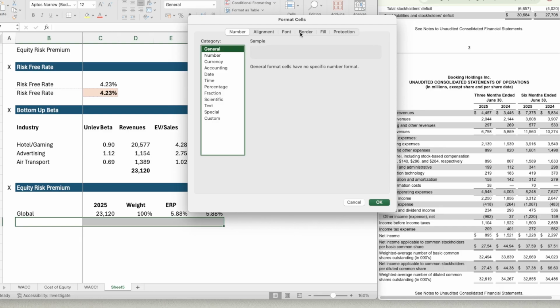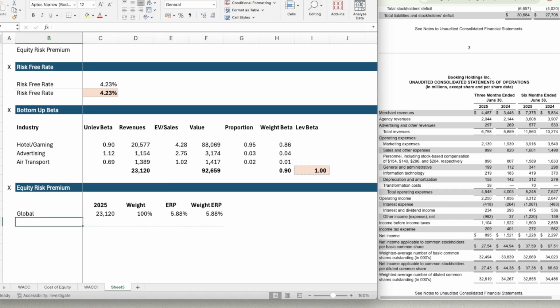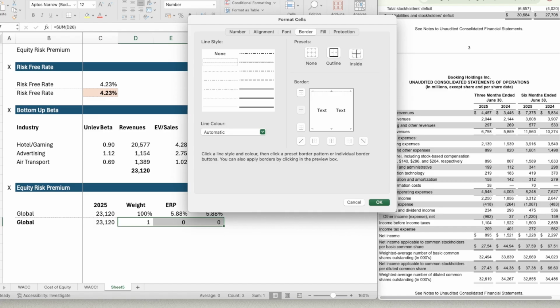But let's just add a border. Presentation is just as important. And you always want to do your checks to make sure it all balances up and aligns with what's on the financial statements.